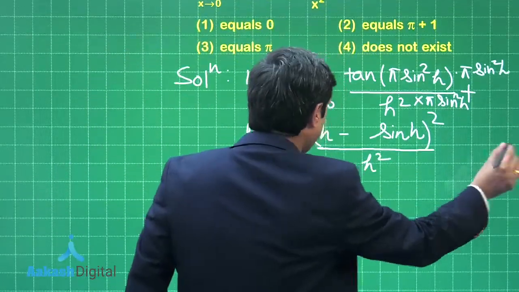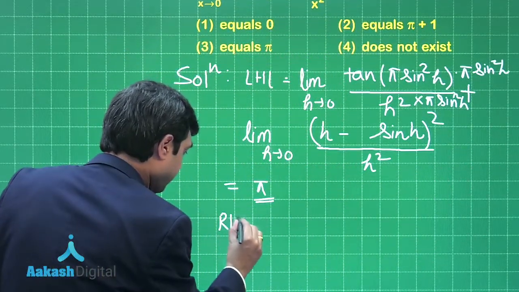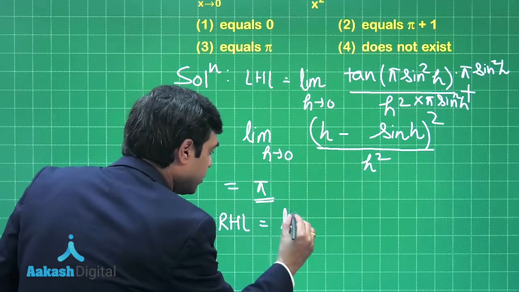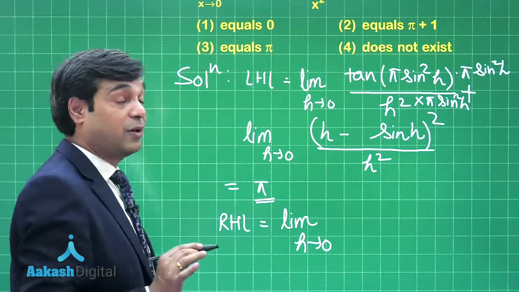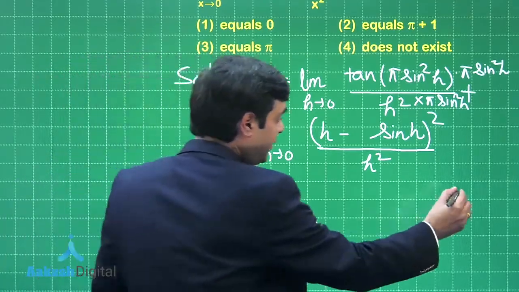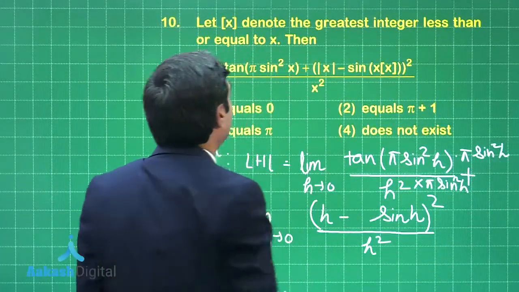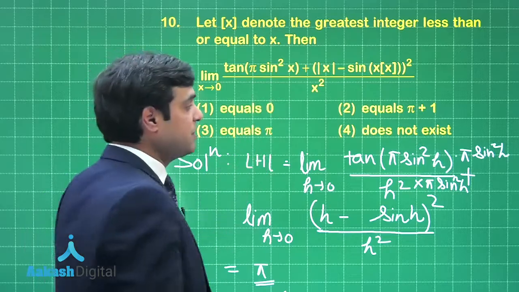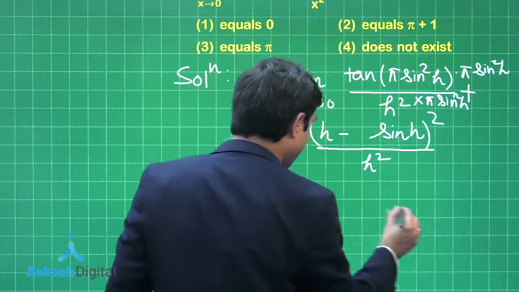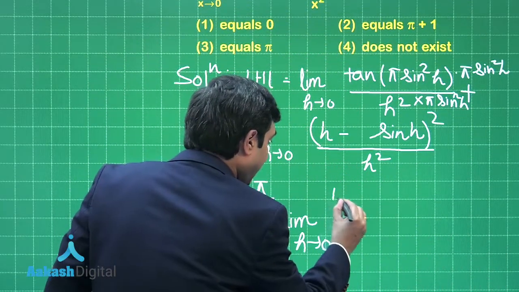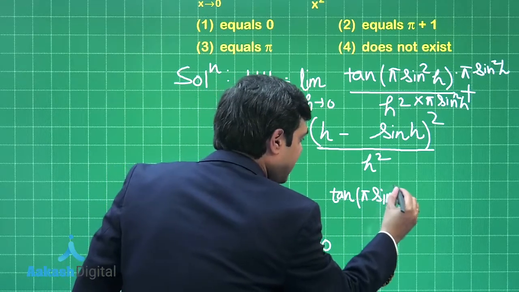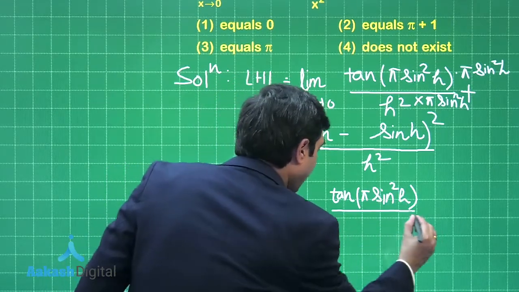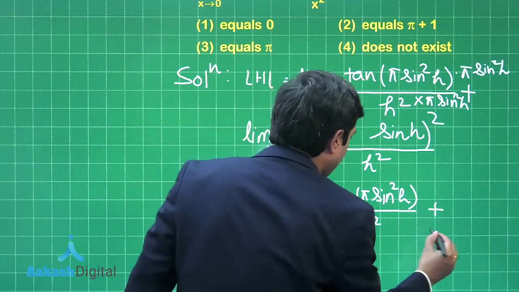Moving to the right hand limit, that is you are going to put 0 plus h for x. When you substitute 0 plus h, let us see how it is changing. The first term is not going to make any difference because of being square. So, let us write down tan(pi sine square h) upon h square.